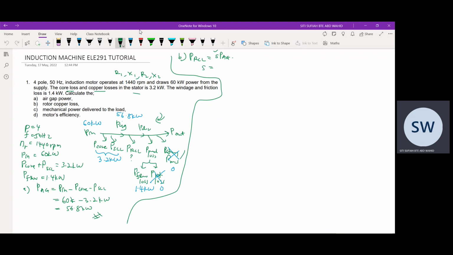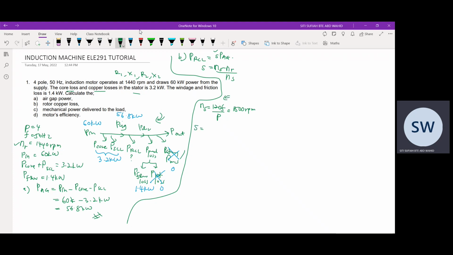The formula for S is NS minus NR over NS, whereby NR is given here and S you can calculate. So calculate NS first, 120 F over P, which will give 1500 RPM. This formula gives the answer in RPM.